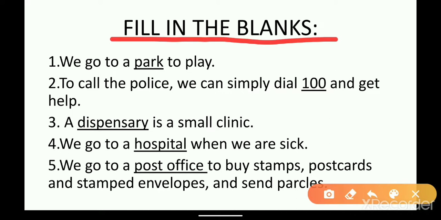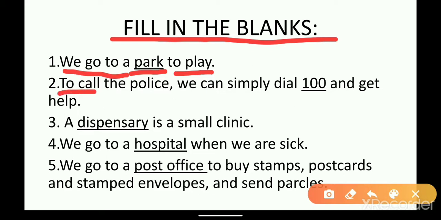So here are few sentences given and blanks given, so you have to fill that blank with correct answers. First one, we go to a dash to play. So where we go to play? We go to a park to play.